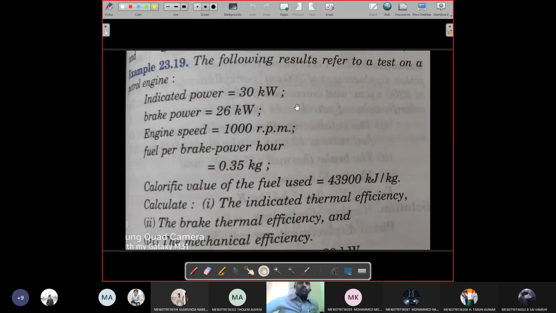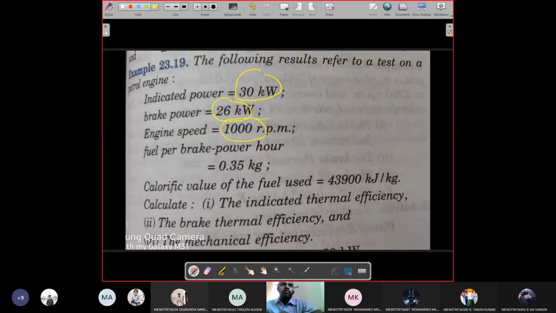Go through this problem. This is also, I think, a direct problem. Indicated power, brake power. Once you know indicated power and brake power, you can calculate mechanical efficiency directly. Then speed of the engine is given.